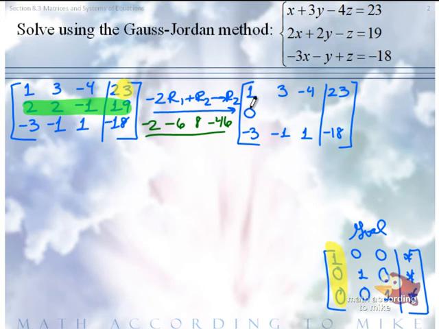Negative 6 and positive 2 makes negative 4. 8 and negative 1, positive 7. Negative 46 and 19, negative 27. Congratulations, 22.2 repeating percent complete.